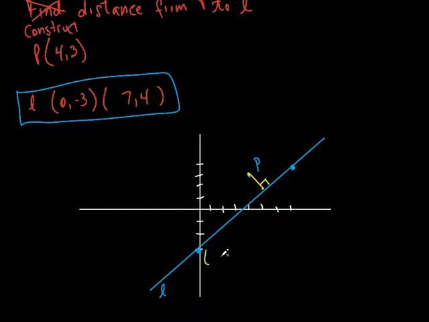You really should label these points as well. So let's do that. And let's label this point right here, 7, 4, all right? And let's label this point P as well, 4, 3. So I've labeled all these points right here.